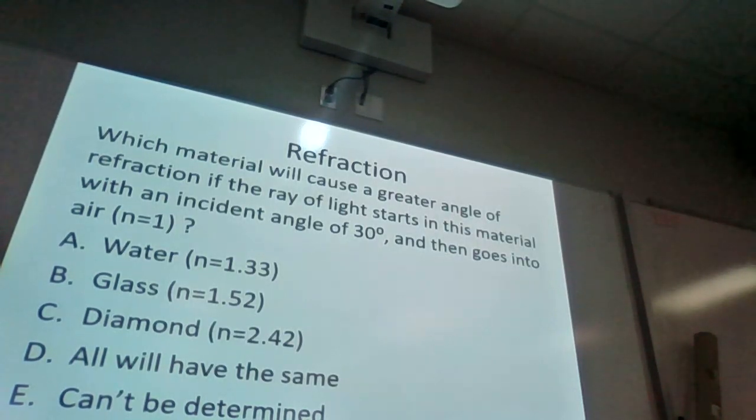Got it. The change. Yeah. The most bending. I do see what you're saying.